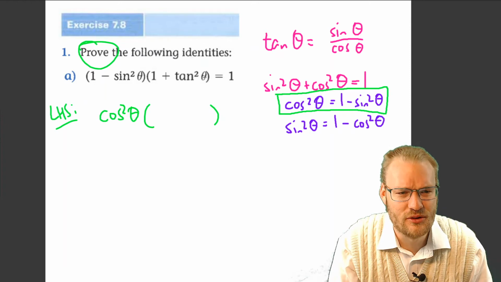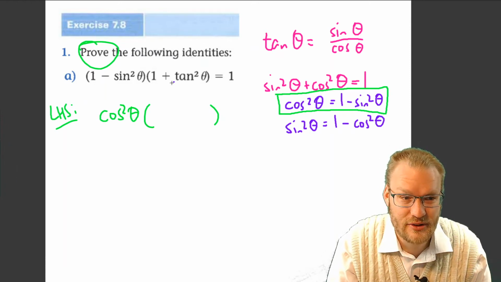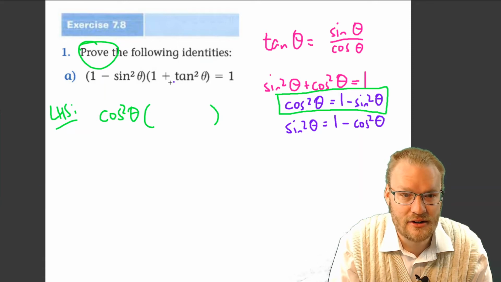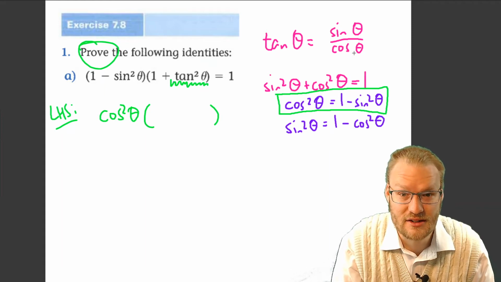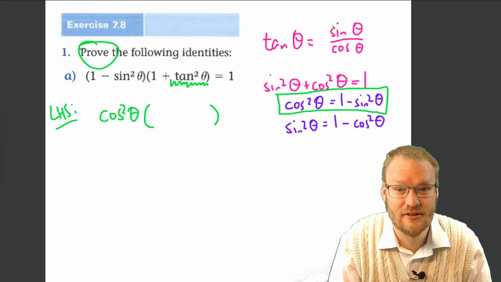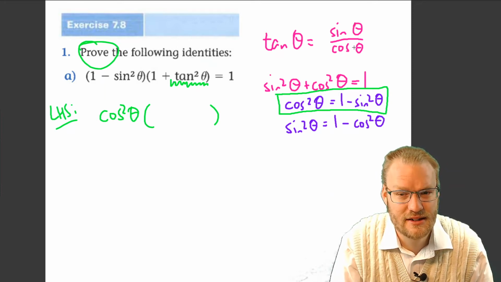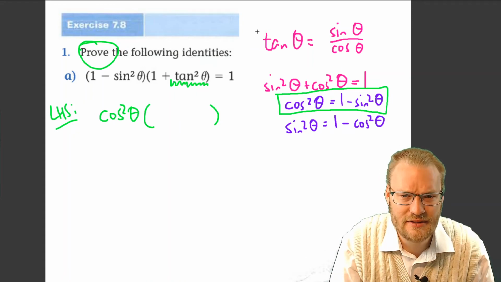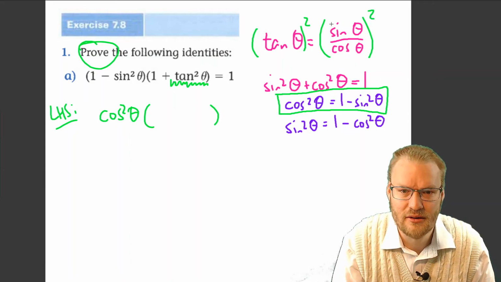But in general, not always the case, if we see tan squared theta, we're going to replace it using tan theta equals sine theta over cos theta. So we're mostly going to replace tan with sine over cos. Now, if tan theta equals sine theta over cos theta, it stands to reason that if you square the left-hand side, you can square the right-hand side, and they should also be equal.